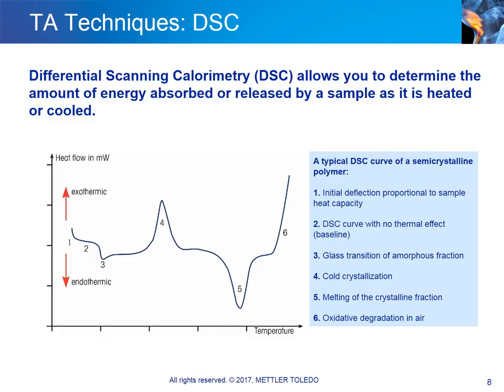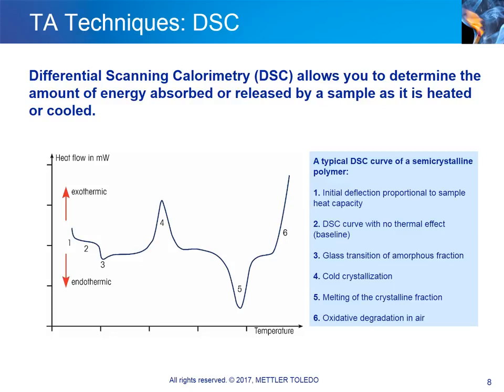The samples are normally measured in small crucibles made of aluminum, alumina, or other materials using 1 to 20 milligrams of sample material. The Mettler Toledo Flash DSC expands the maximum heating rate to 2,400,000 Kelvin per minute and the cooling rate to 240,000 Kelvin per minute.